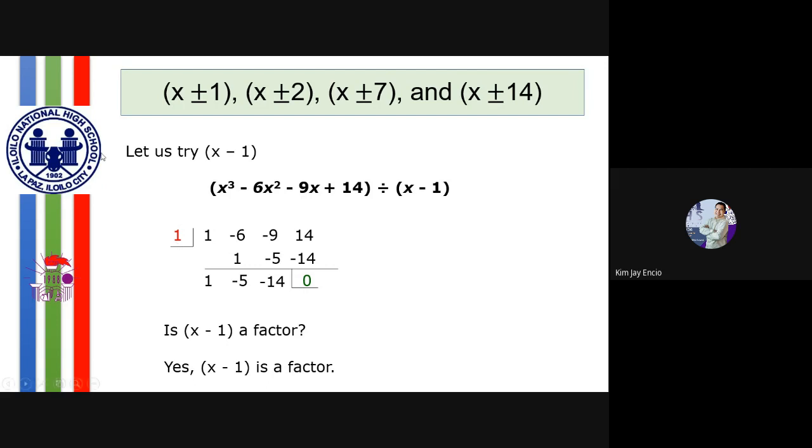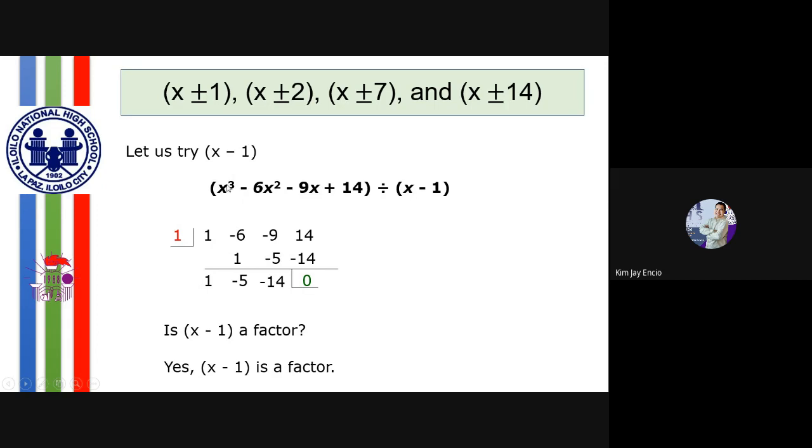And remember that the 1, -5, -14 here are the coefficients of our quotient. And recall as well that if you divide using synthetic division, the degree of the quotient is equal to the degree of the dividend minus the degree of our divisor.